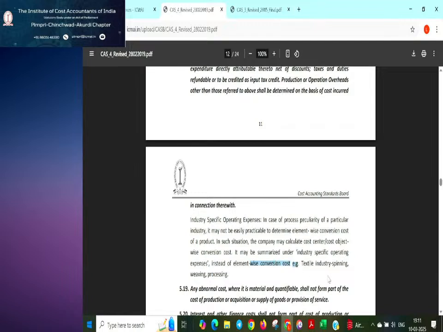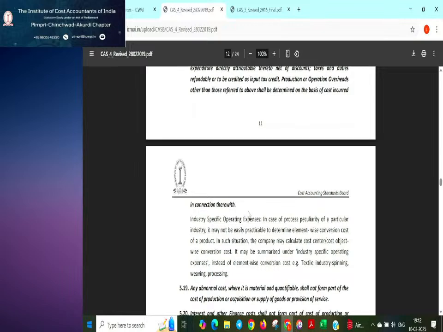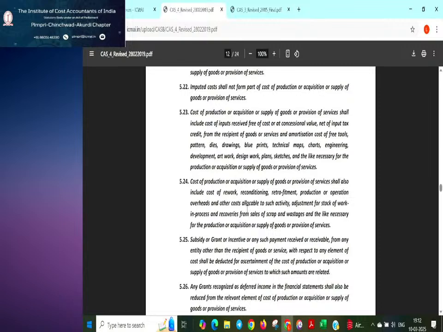Example, textile industry: spinning, weaving, processing. Industry specific operating expenses, I'll give you an example where you have to acquire a license, for a highway kind of a business. So that is something specific to that particular industry. So those will be covered under industry specific operating expenses.